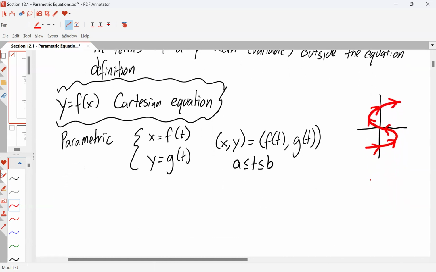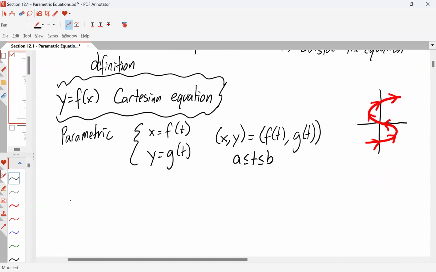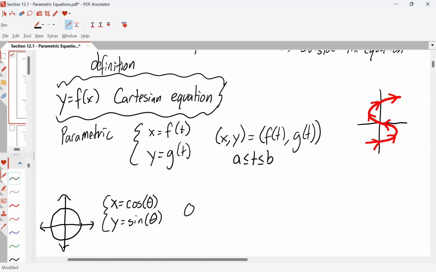We have actually already experienced parametric equations without realizing that was what we had, because we know for the unit circle that we can name the x coordinate as cosine of theta and y equals sine of theta, where to get the whole unit circle, theta is going to be between 0 and 2 pi.